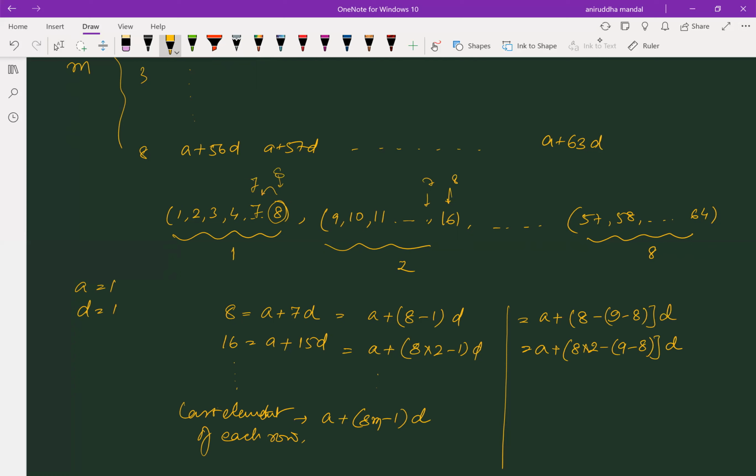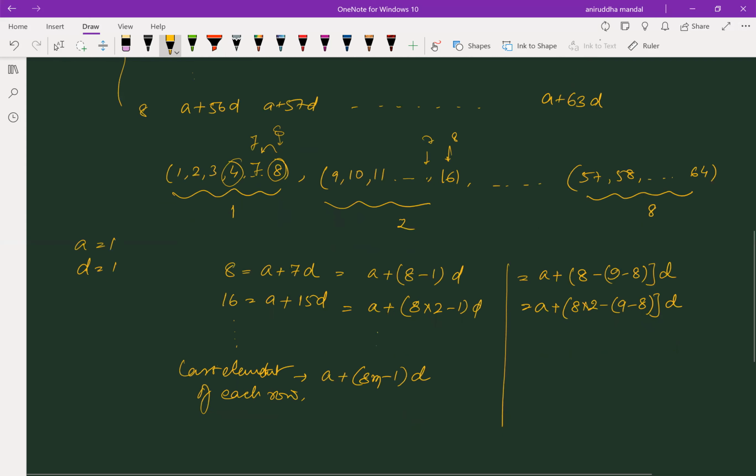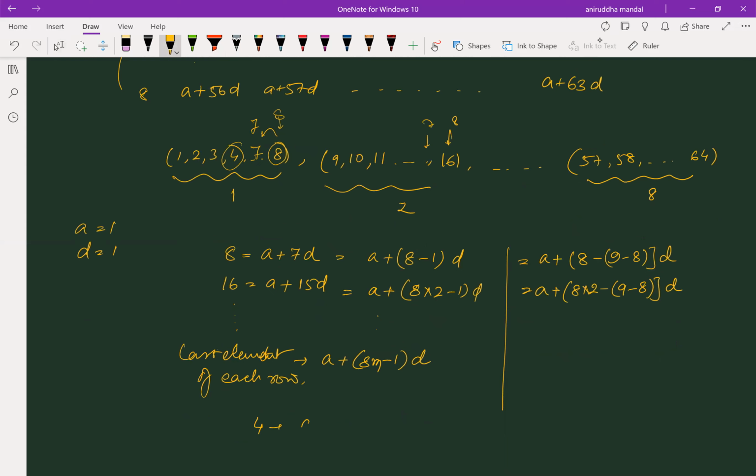So let's say we take 4. The 4 can be written as a plus 3d, as a first row element. So 3 means 8 minus 5d.